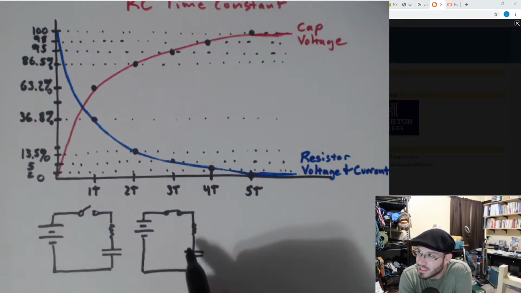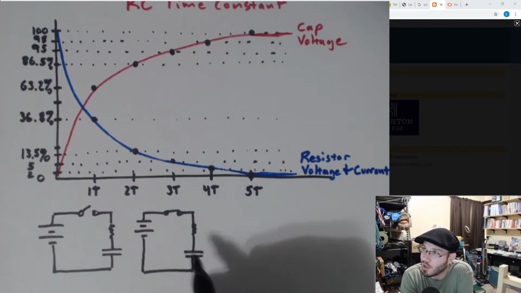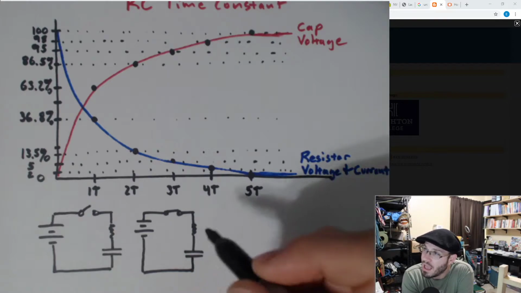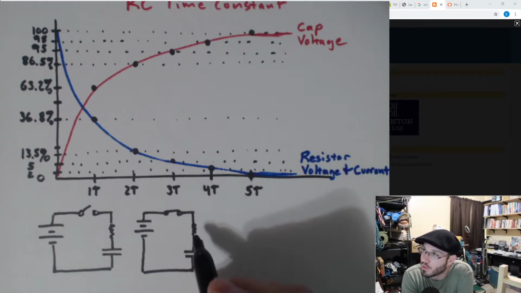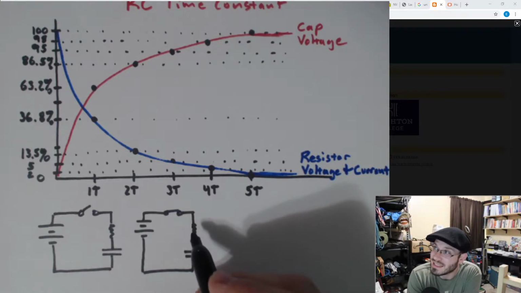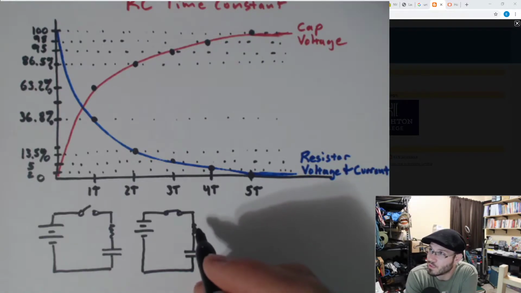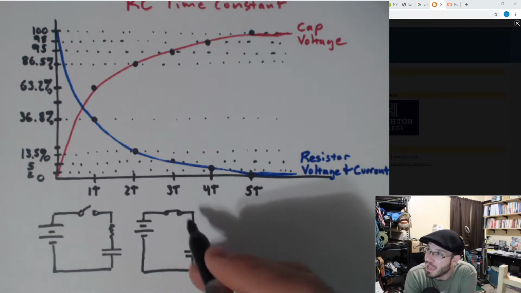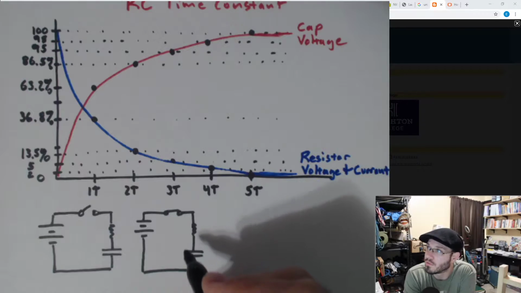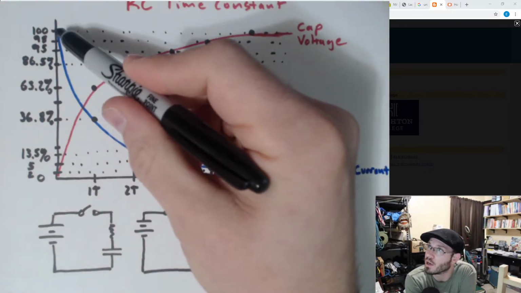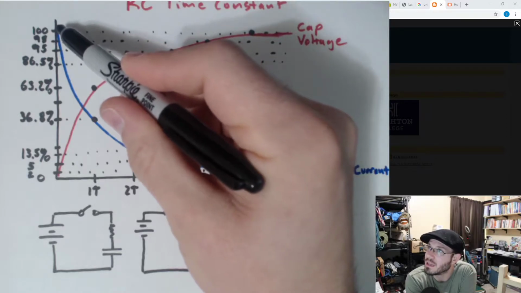If you think about what's going to dictate the max current through this circuit, if this capacitor is purely acting like a short circuit, just a wire, then the most current you could get through here would be limited by this resistance. So if this resistance was 100 ohms and this voltage was 100 volts, you would get 1 amp of current at time 0, and that's what's going on over here at time 0.